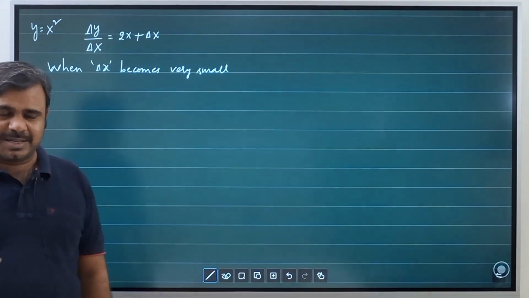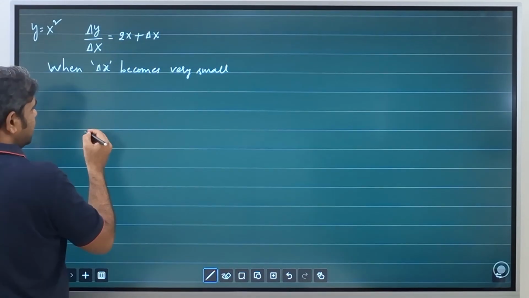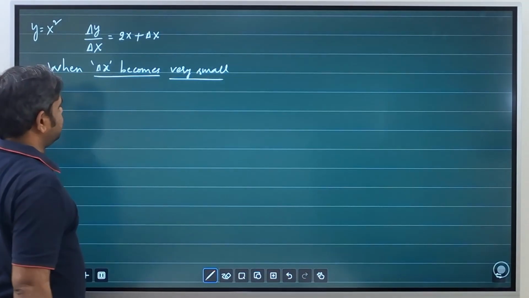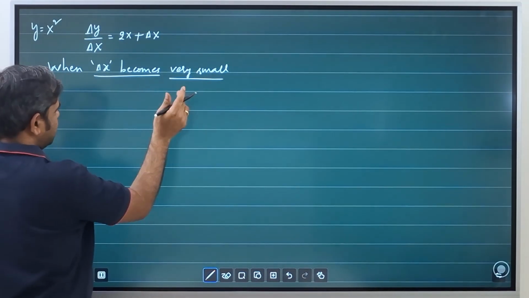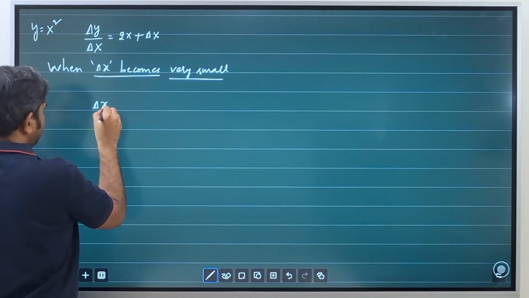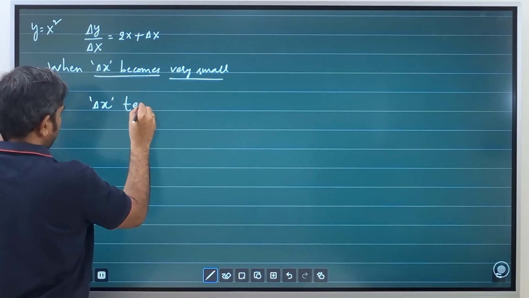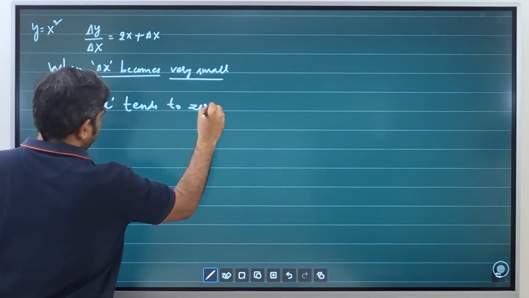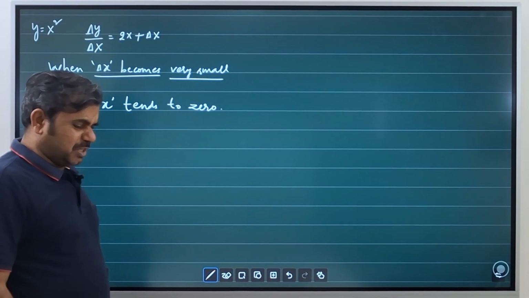Delta x becomes very small, mathematically expressed as, this phrasing that we have written here, mathematically we put it as delta x approaches 0. Delta x tends to 0.